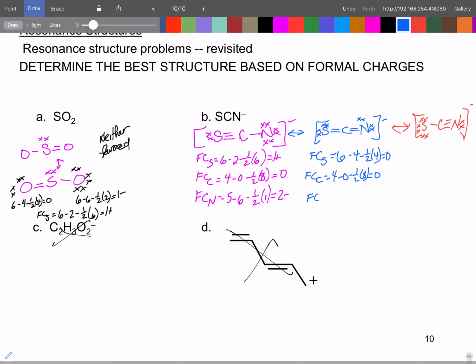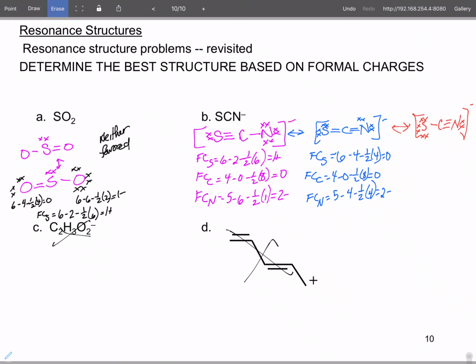Formal charge of nitrogen in this structure is 5 minus 4 minus 1/2 of 4, which is 2 minus. That doesn't make any sense. 5 minus 4. Okay, that one's 2 minus. Let me go back and check my sulfur, because what I'm realizing is 0 plus 0 is not 2 minus, so that's not going to fly.